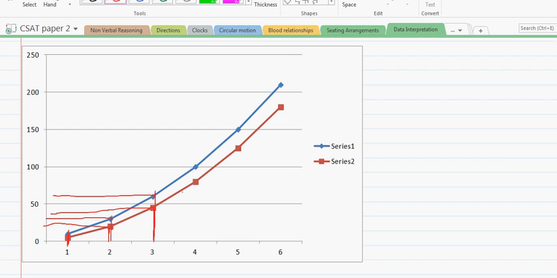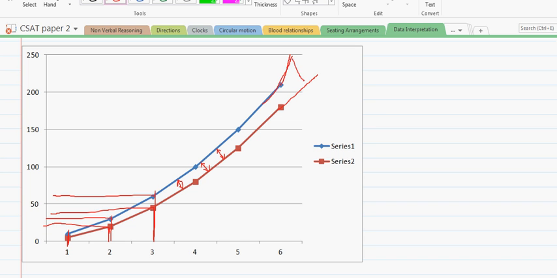So you would see the difference, the distance between these two lines, keeps on increasing. If we extrapolate, while this line keeps on going like this, this would go like this.